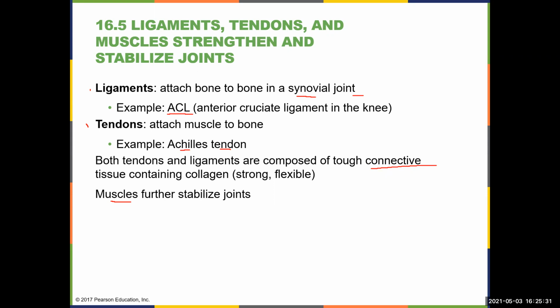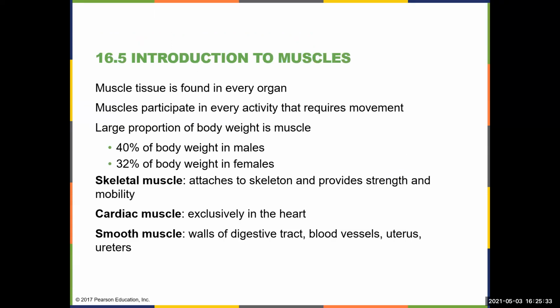What we're going to go into now is an intro into the muscle system. Okay, so muscle tissue you find in every organ, and the muscles are participating in pretty much any activity that is requiring movement, right?